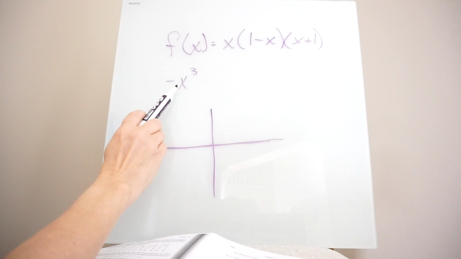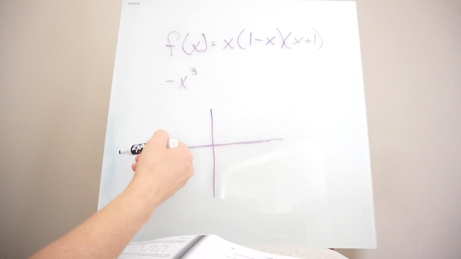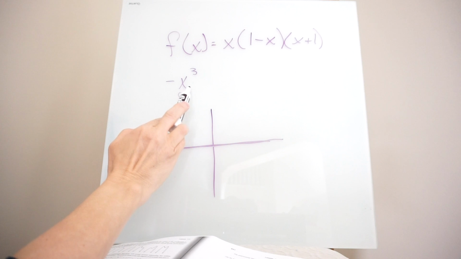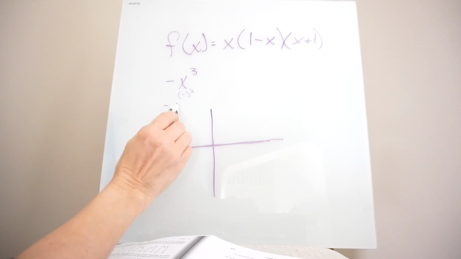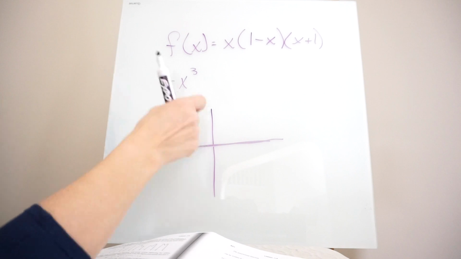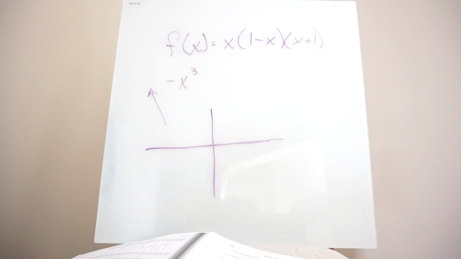Looking at this, we know that if we have very large negative values for x, and you cube a negative, it's going to be a negative, but then we have the negative out here. The opposite of a negative is positive. So for very large negative values, it's going to continue in a positive direction.